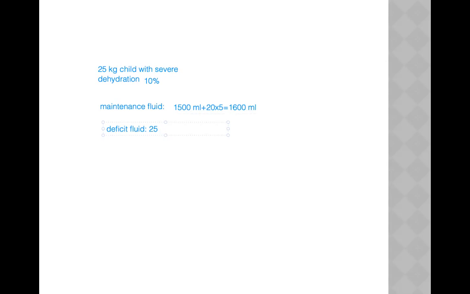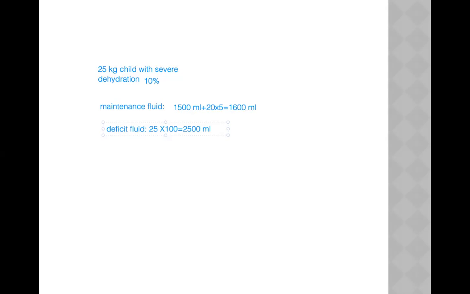So 25 kg multiplied by 10%. 10% means 100 ml per kg. So how much fluid would it be? See here, 2500 ml. So the child has lost 2500 ml fluid already.